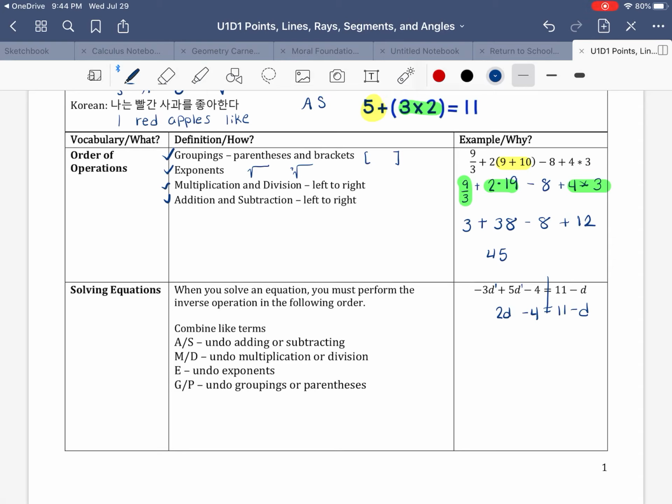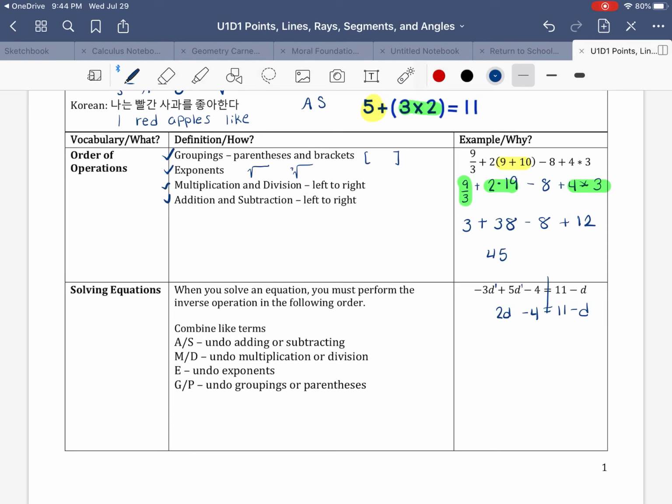Now what I want to do is undo any subtraction or addition. And I see already here 2 things that are being subtracted. So this is my own personal preference. You don't have to do it that way, but I find the largest positive number with my variable. So in this case, it's a 2D. And then I look at my other side, I have a negative D, right? So I know it's being subtracted.